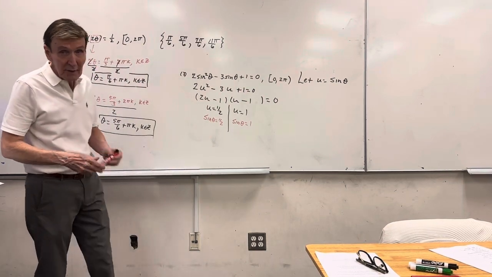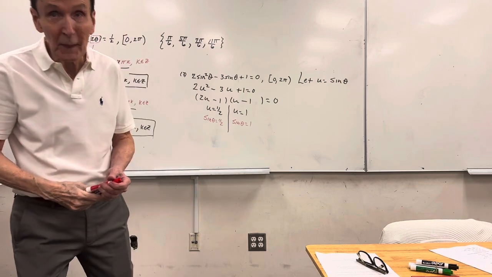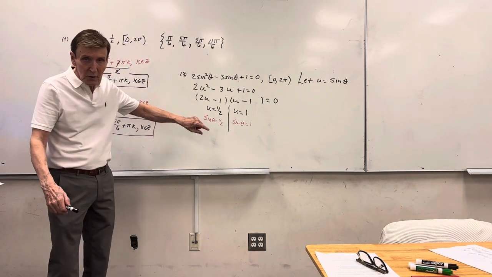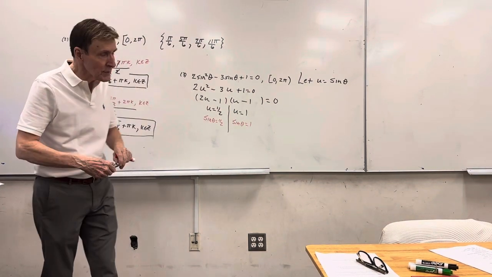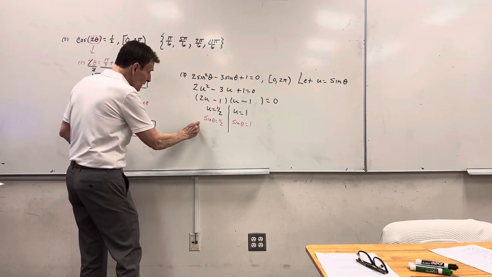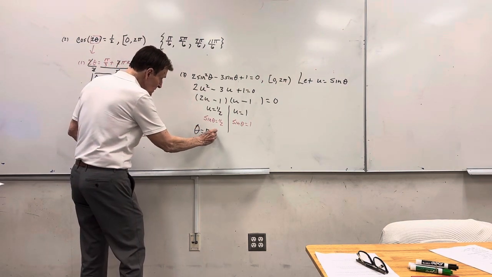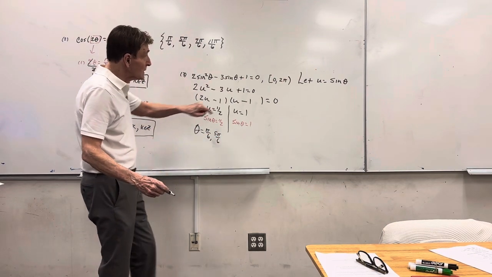Okay, guys, it always takes me to the unit circle. We cannot use calculators on the test. Where on the unit circle have you seen the y-coordinate, sine, equal to 1/2? Pi over 6 and 5 pi over 6. Let's make sure those two fit.